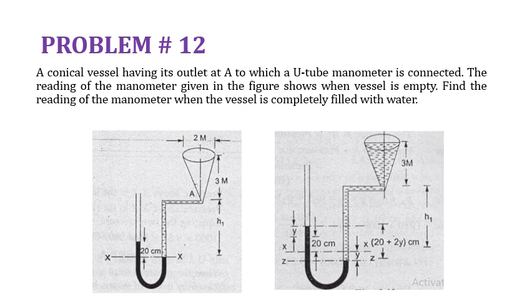So now the second part, where they say this vessel is filled with water. So the height of the water is now 3 meters. So now over here, pressure at point A cannot be 0, right? How can we calculate the pressure?